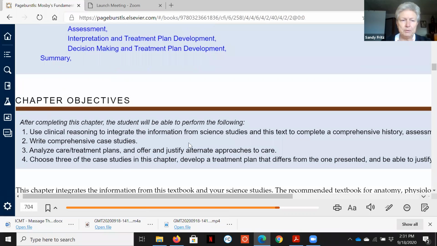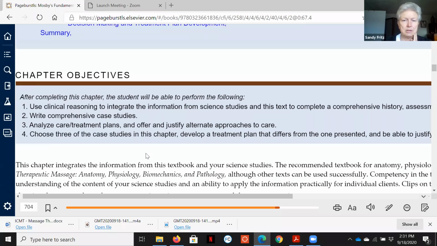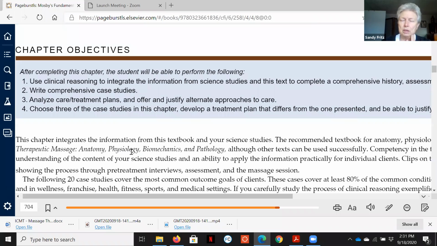So here are the chapter outcomes, and this truly is a culmination of all the other chapters in a practical application. You also would want to interface this information with essential science as well, because you can't separate that.